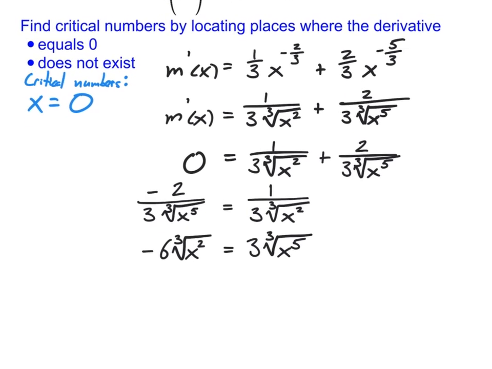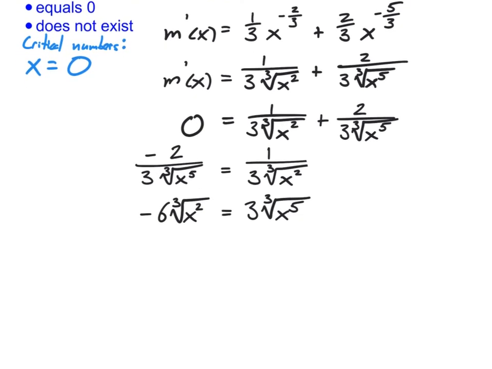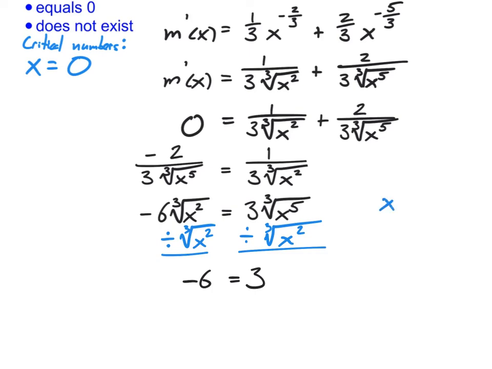And now that I've cross multiplied, I can now go ahead and start getting those x's to the same side. So in order to do that, I'm going to go ahead and divide both sides by one of the x's parts. So I'm going to divide both sides by the cube root of x squared here. And while that looks kind of scary to do on the right-hand side there, it's actually not too bad, because remember that the cube root of x to the 5th was really just x to the 5/3.